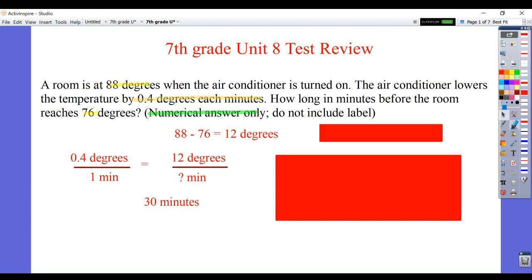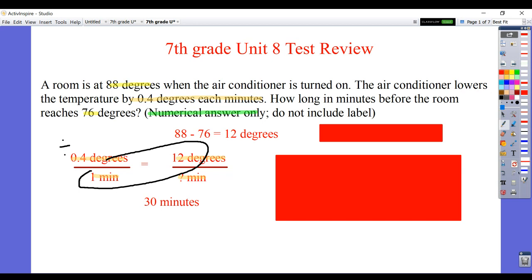So what we want to know is, all right, if the temperature is going down by 0.4 of a degree per minute, how many minutes will it take it to go down 12 degrees? So we're setting up a cross product situation. Degrees is across from degrees, minutes across from minutes. And then you can just go ahead and do your cross products, which of course, again, is multiplying diagonally across the two that you know, and then dividing by the third value.